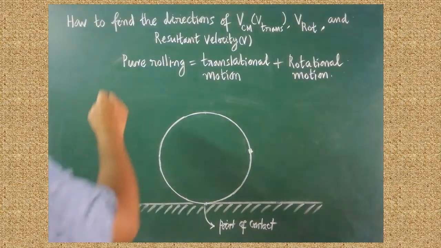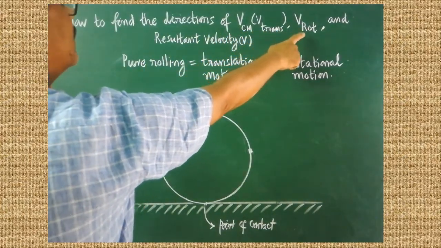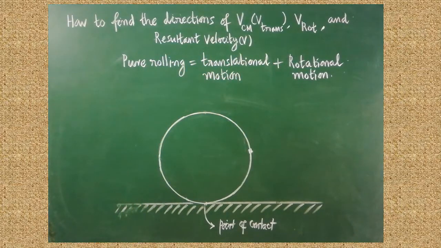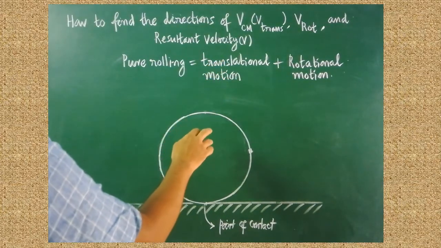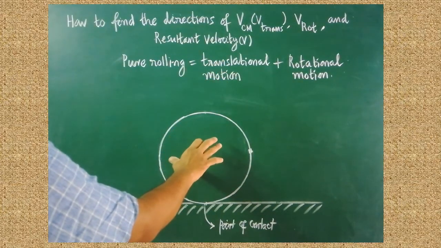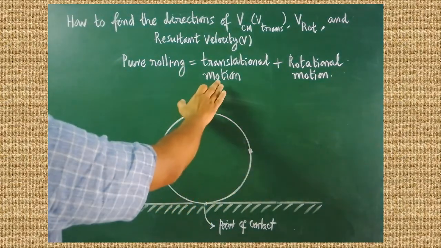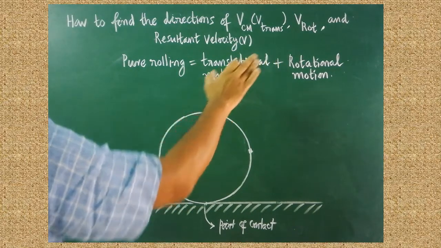Now I am going to explain how to find the direction of the translational velocity, rotational velocity and resultant velocity in the case of pure rolling motion. Here first you have to understand what pure translational motion is. When the rolling body is moving in a straight line without any rotation, that is called pure translational motion. What is pure rotational motion?